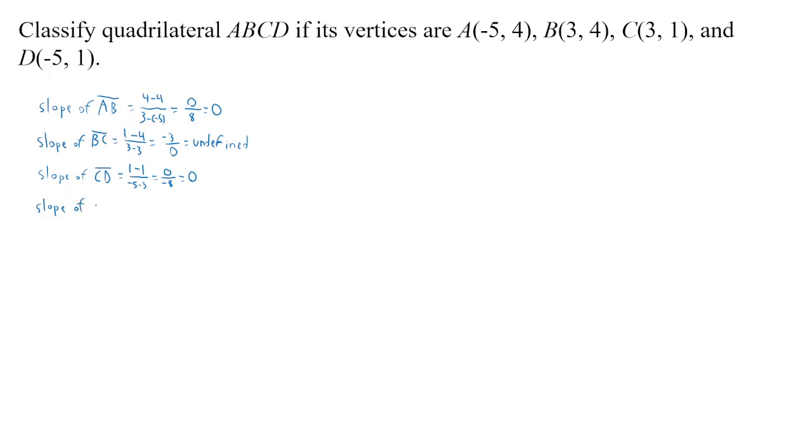Next, we have the slope of segment AD. So that's going to be 1 minus 4 over -5 minus -5. 1 minus 4 is -3. -5 minus -5 is 0. And that's going to be undefined.